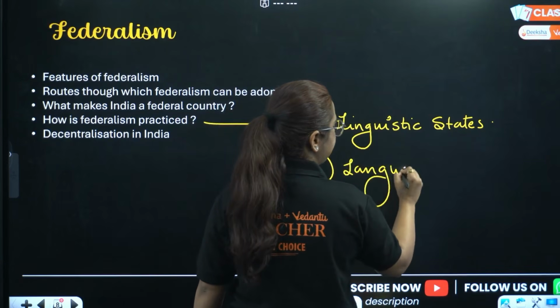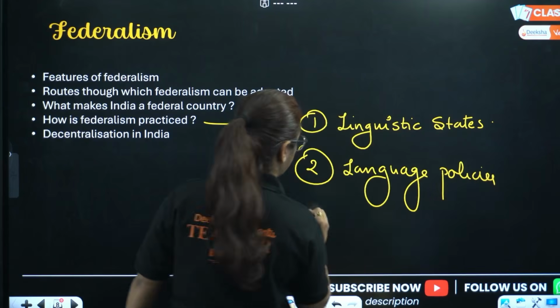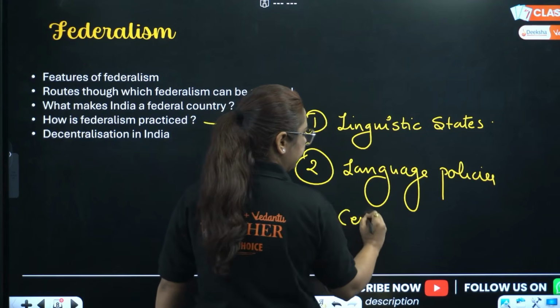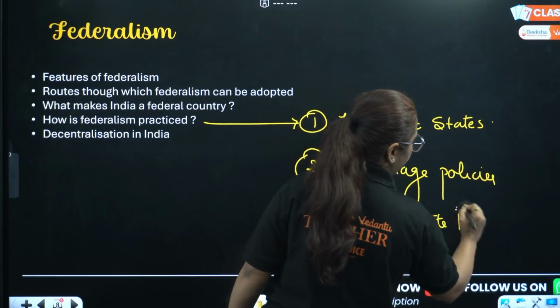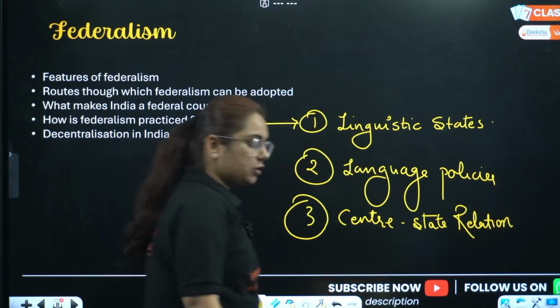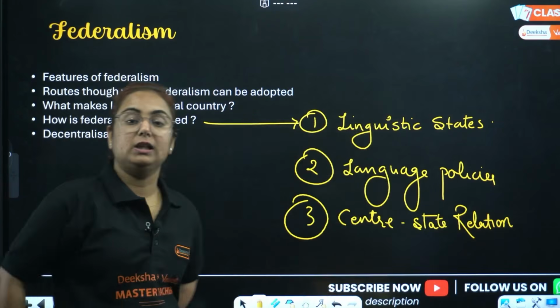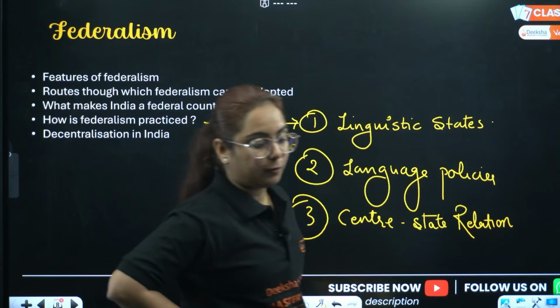Then the third one is center-state relations. The first and major test in front of Indian democracy was the formation of states.